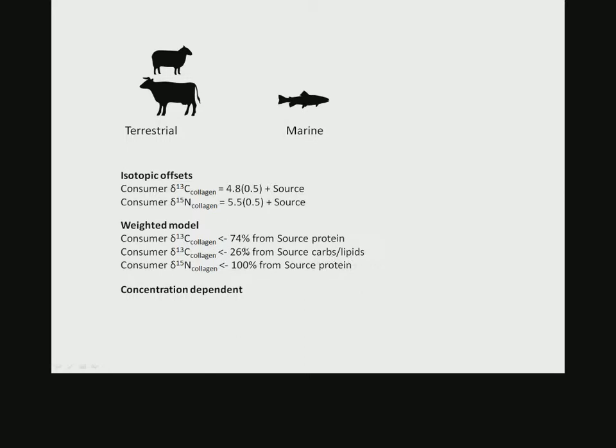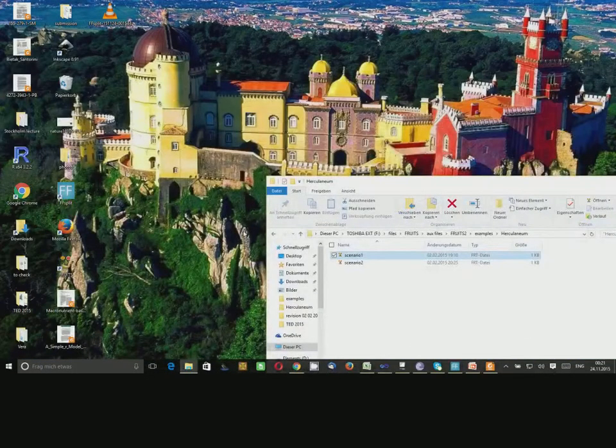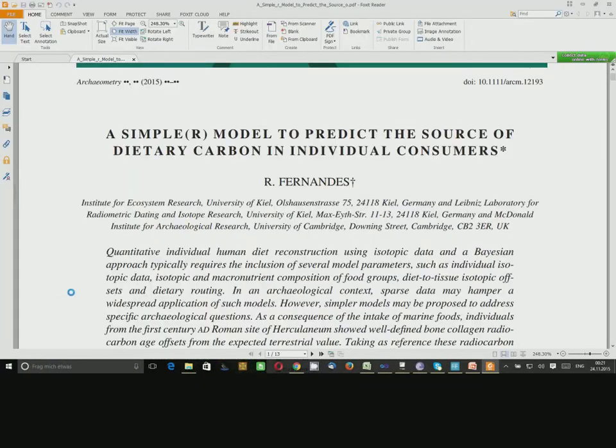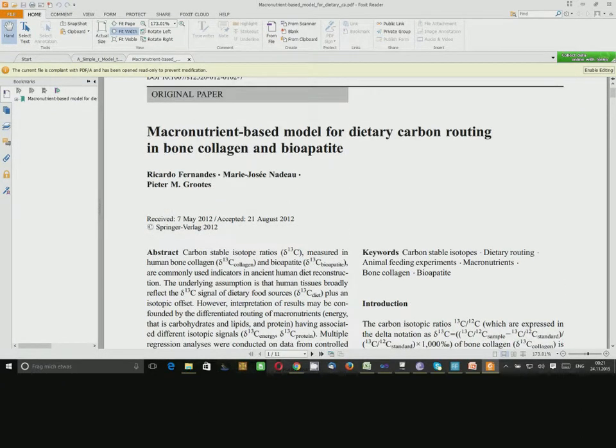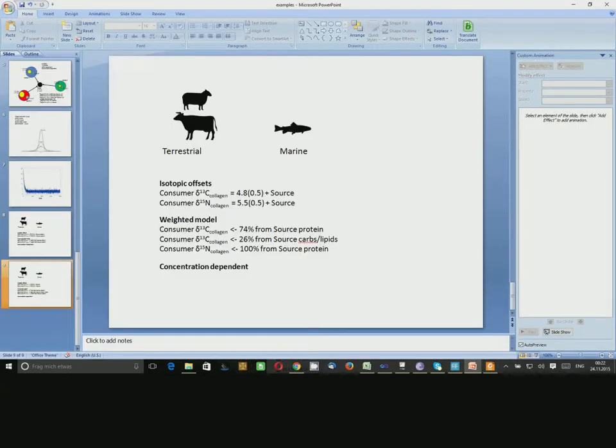Okay, and the motivation from this is actually this other publication, which is a meta-analysis of results from feeding experiments on omnivorous mammals, and using carbon isotopes as a tracer. And so from this meta-analysis, this is where I reached these values here.